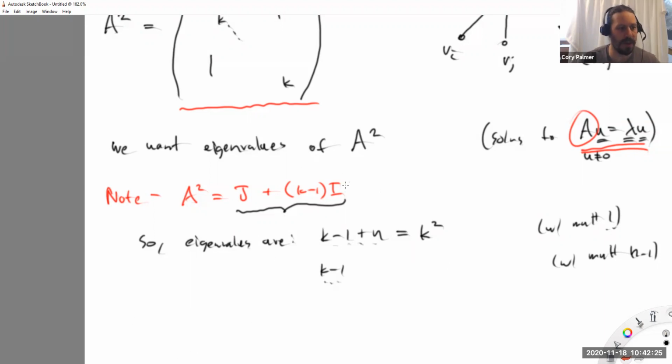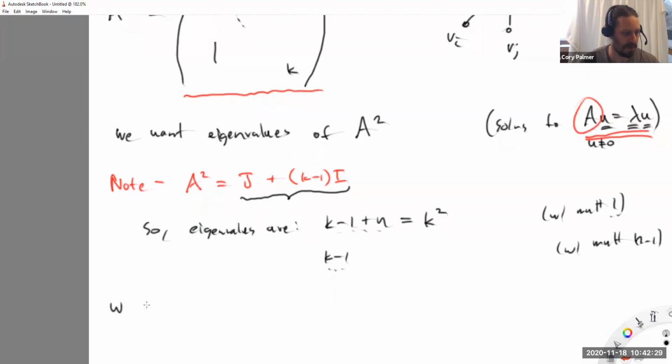But what we really want is the eigenvalues of A. You can't always do this, but in this case you can. If you have eigenvalues of A squared, what do you think are the eigenvalues of A? Anybody remember how to go from eigenvalues of the square of a matrix to the original?